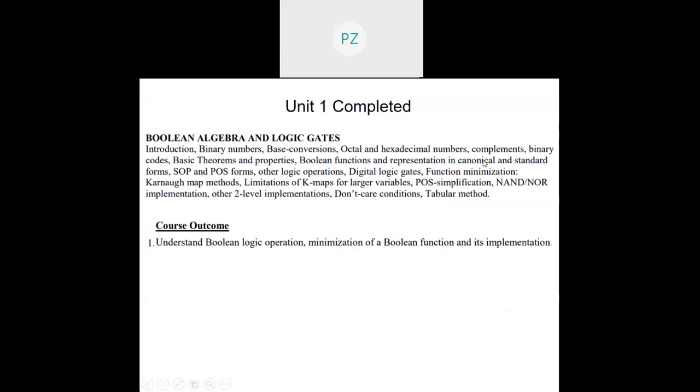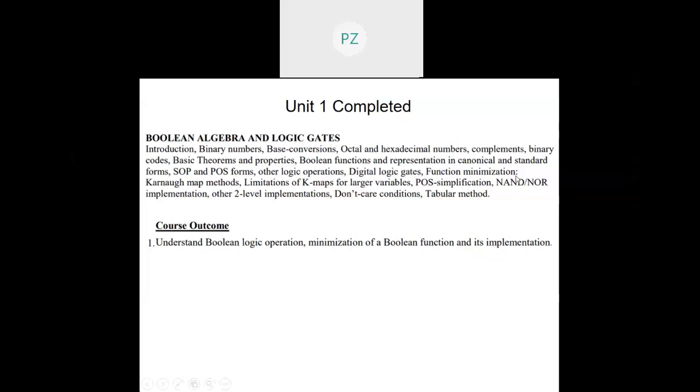Canonical sum of product, canonical product of sums. Standard form means it may not necessarily be canonical, but still it may be a sum of product or a product of sum form. So SOP and POS forms. Other logic operations we have seen: NAND, NOR, exclusive OR, exclusive NOR. Digital logic gates. What are the gates corresponding to all these logic operations? Then function minimization.